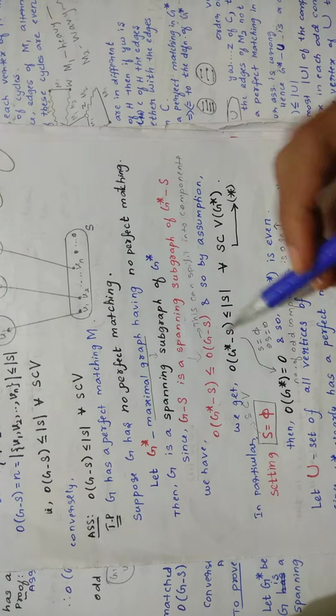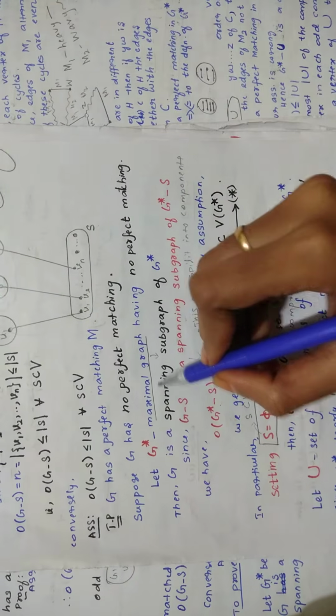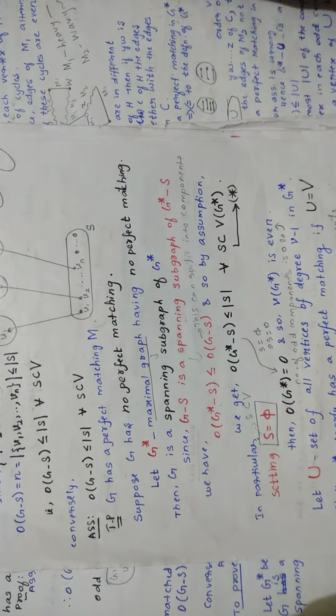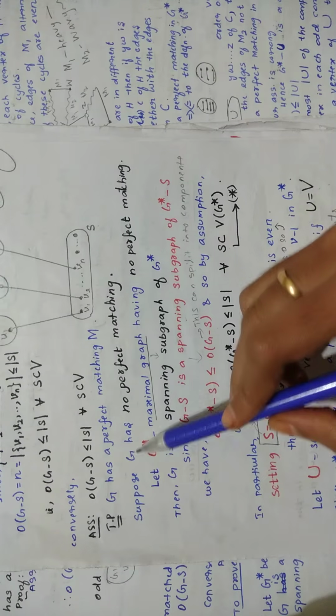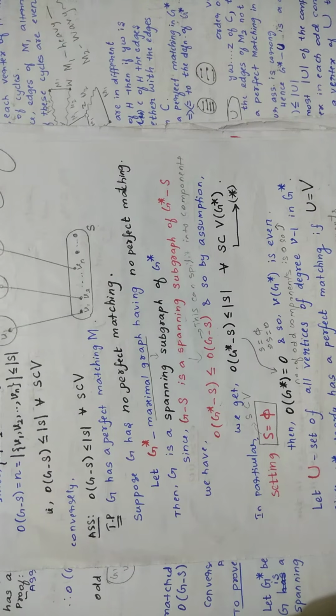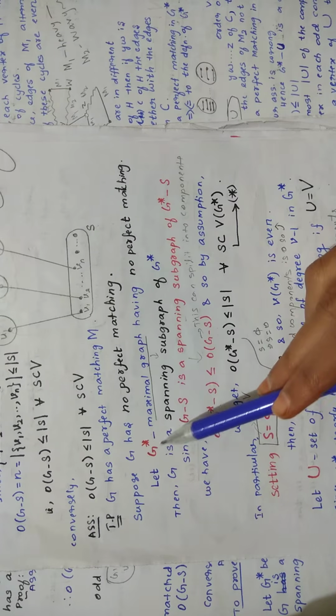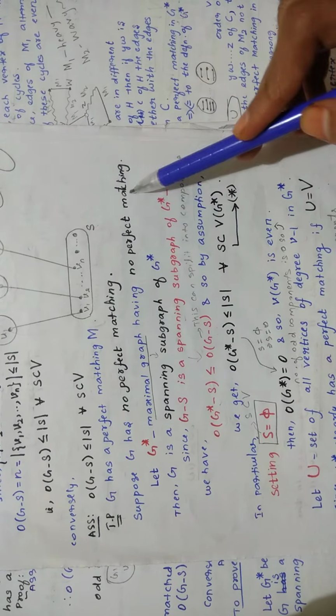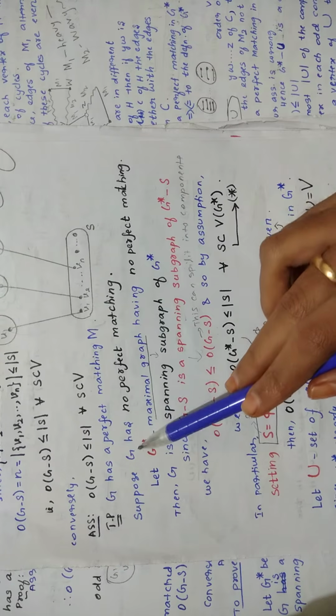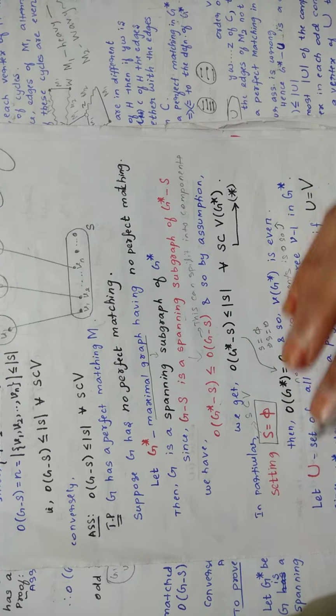Now you are saying that G star is the maximal graph having no perfect matching, so G is a spanning subgraph of G star, because G is also having no perfect matching.